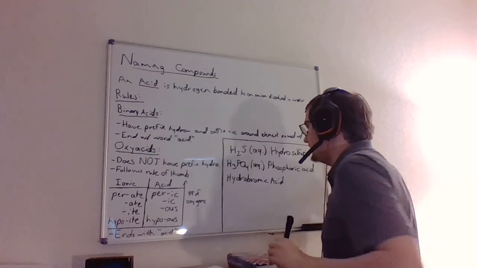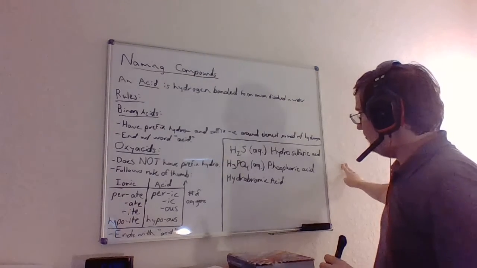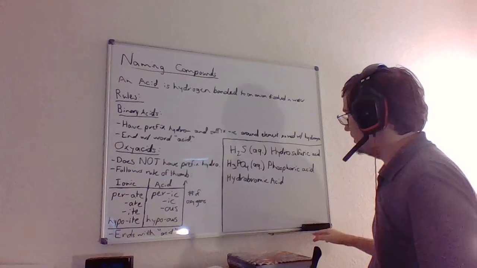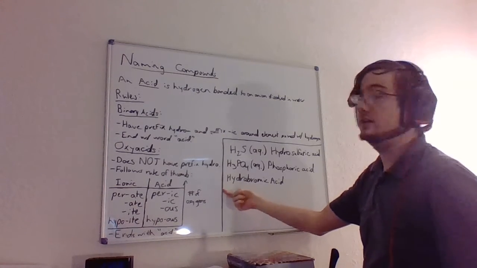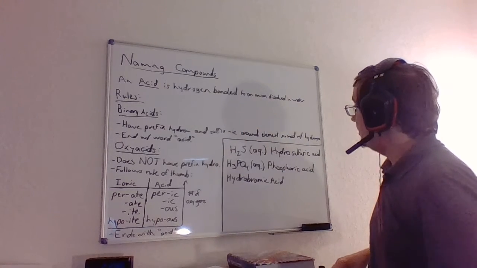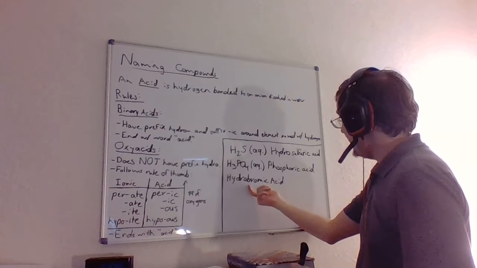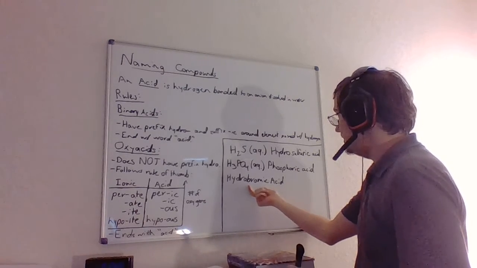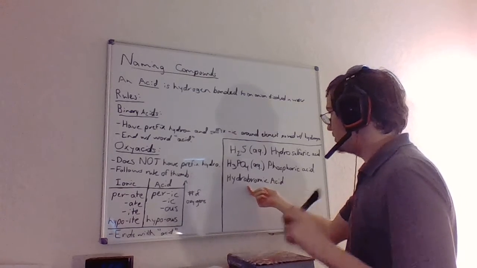What's the compound for that? Remember what I said earlier. It has the prefix hydro, so that right there is an indicator it's a binary acid right away. We know what type of acid it is. So all we need to do is think, okay, we have bromic right there, so that would mean we're working with bromine.